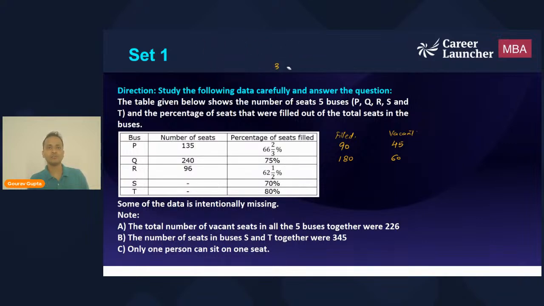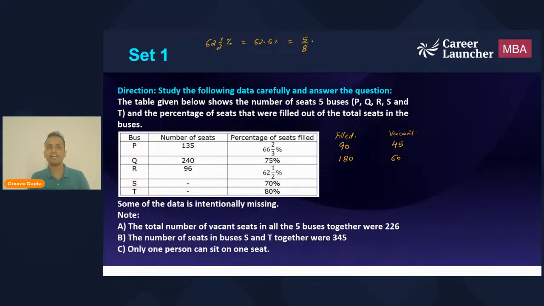Now moving on to the next bus, can you write both the numbers? So bus R, out of 96 seats, 62 1 by 2, 62 and a half percentage is filled. So 62.5 percentage can be written as 5 upon 8.